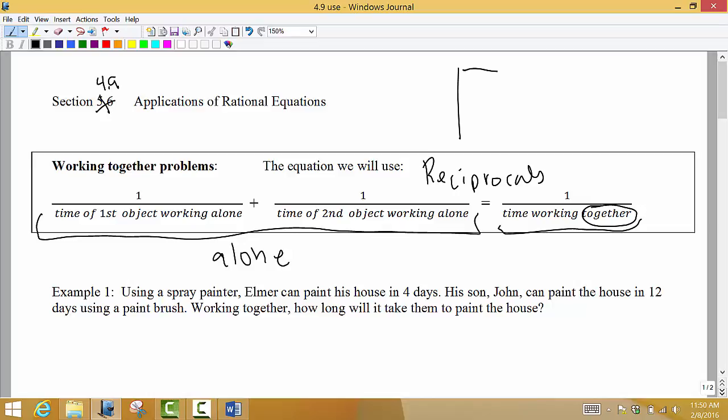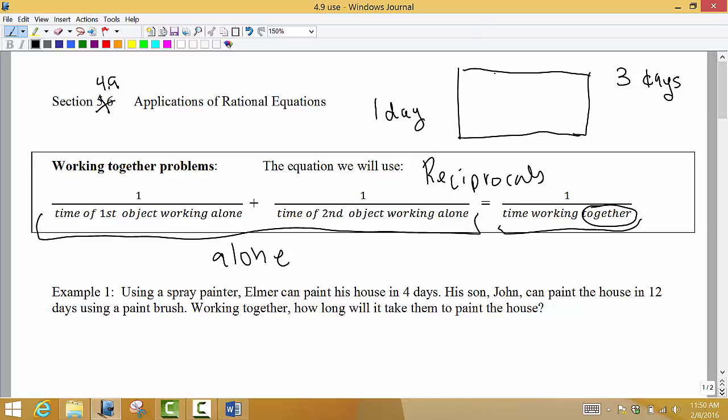So here's the idea. Let's say that I would like to paint a wall, and let's say this wall from start to finish takes me 3 days to actually paint. So if I paint the entire wall, let's say it takes me 3 days. Let's say that I'm working at the same rate the entire 3 days. How much could I actually complete in 1 day?